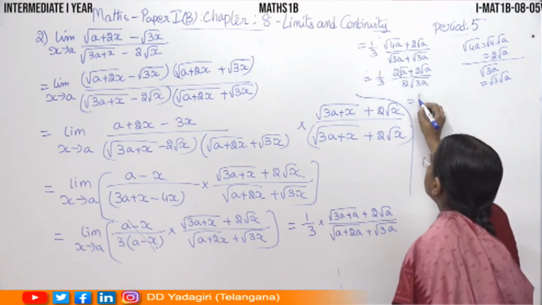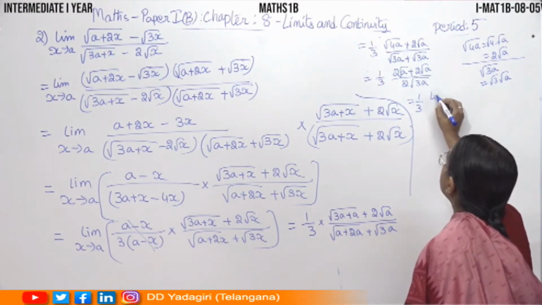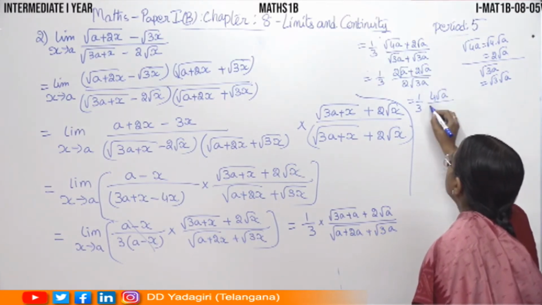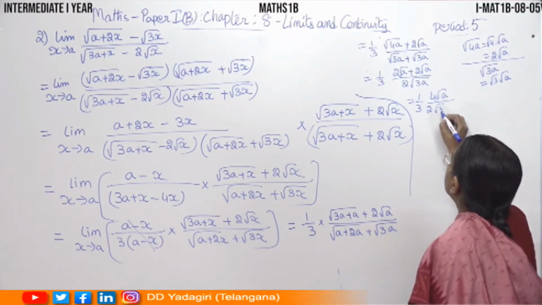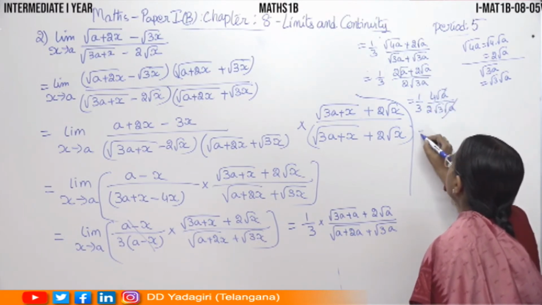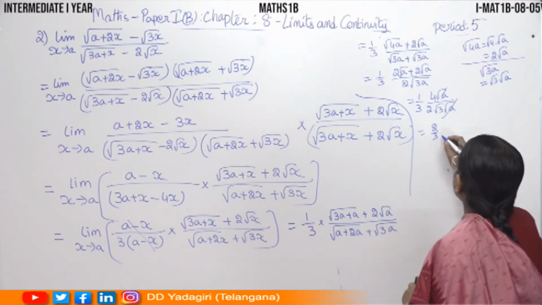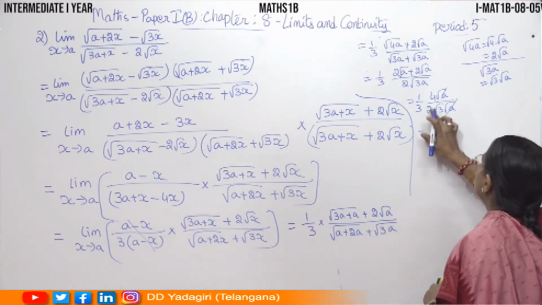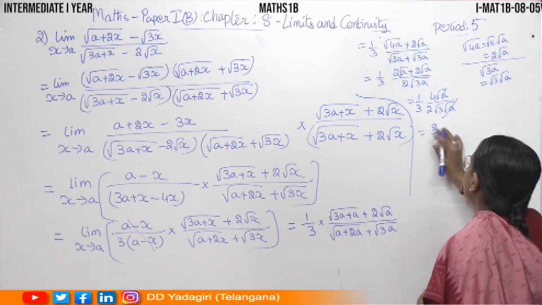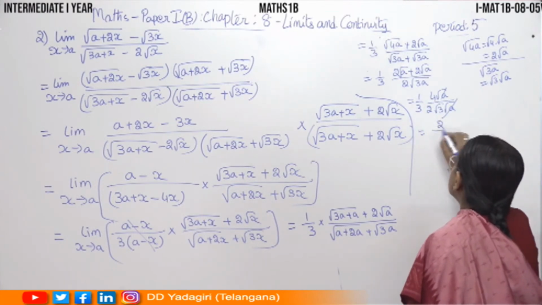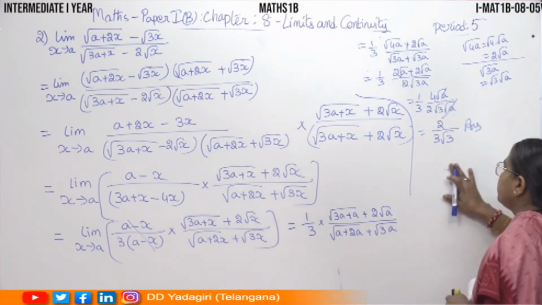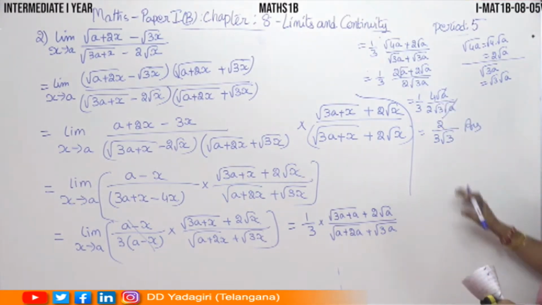So it is 1 by 3 into 4 root a by 2 into root 3 into root a. So root a gets cancelled. 2 2s are 4, so it is 2 by 3 root 3. So the answer is 2 by 3 root 3. This is the answer. So simplify properly.